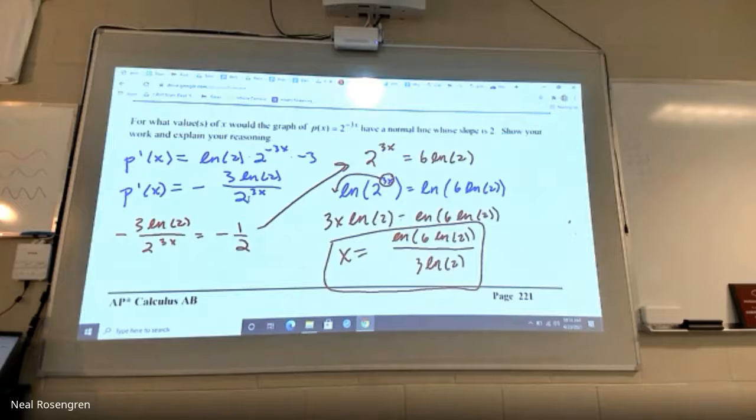I can't think of it right now. If it is like the natural log of something exponential, those would just cancel each other out and you'd be left with the argument. But natural log of the natural log of something, I don't think there's much. That's where I would end. That's a funky one.